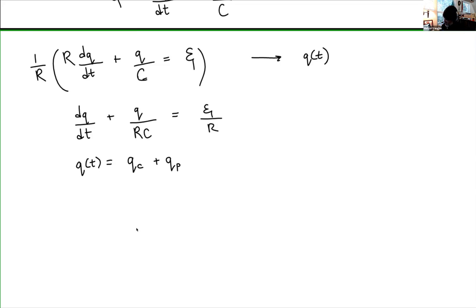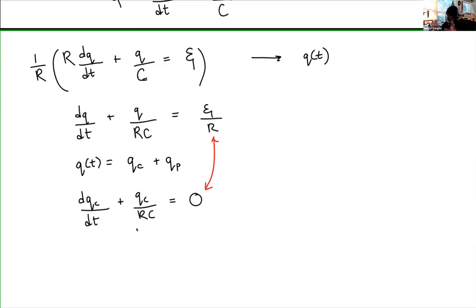Now, the complementary solution is when this differential equation is turned into a homogeneous differential equation by getting rid of this constant that we have there.